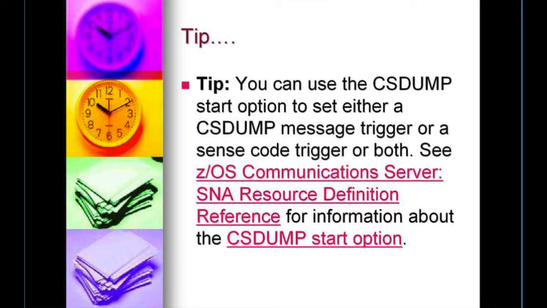Tip. You can use the CSDUMP start option to set either a CSDUMP message trigger or a sense code trigger, or both. Use the z/OS Communications Server SNA resource definition reference for information about the CSDUMP start option.